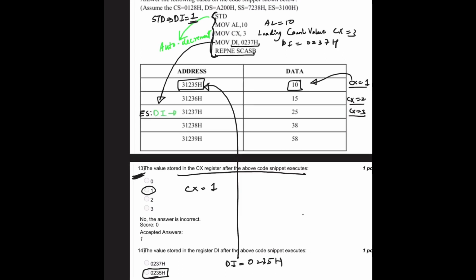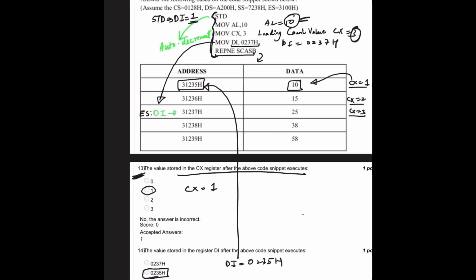this variable 10 in the memory location until CX, which is the count variable, goes to 0. If it goes to 0, it continues with the next instruction. If it does not go to 0 and if it finds this value 10 in one of the memory locations, it stops there. So let's look at what is happening here.